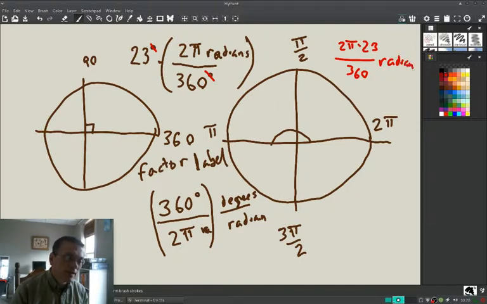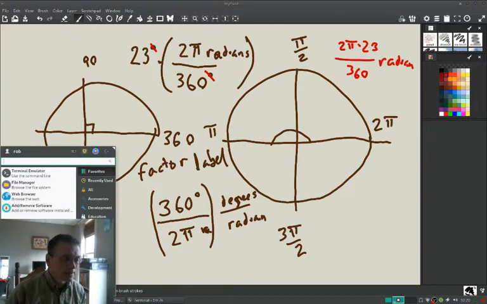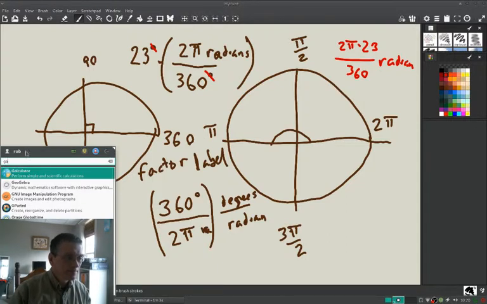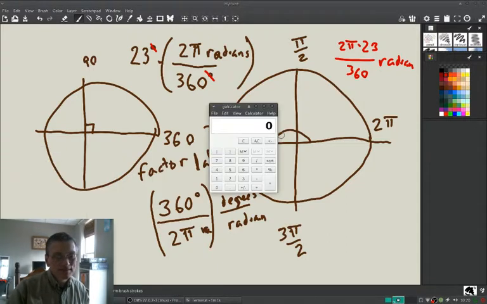Should we get a number for that? Sure, why not? Let's see if I have a calculator here quickly. It's called calculator. Isn't that cute? 2 times pi. I'm just going to use 3.14 here because I'm not sure where the pi is. 2 pi is that.